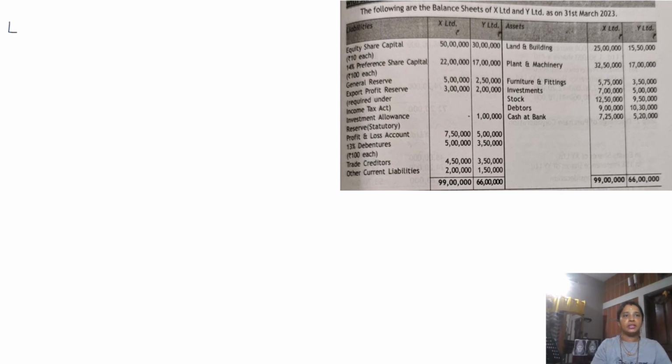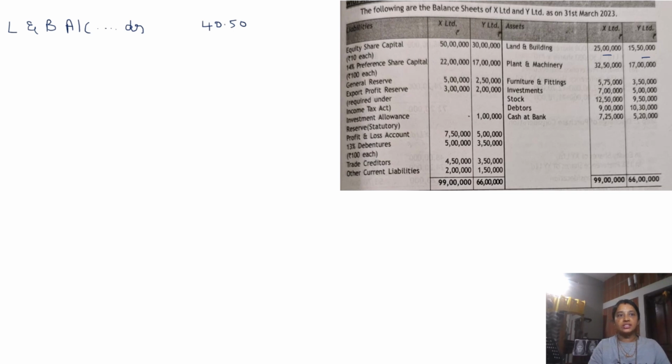The entry will be land and buildings account debit. So X land and building is 25 lakhs. Y's land and building is 15 lakhs 50,000. Both of it you put together, and when you put it together, it comes up to 40 lakhs 50,000. I'll show you the complete entry later on in the final slide.